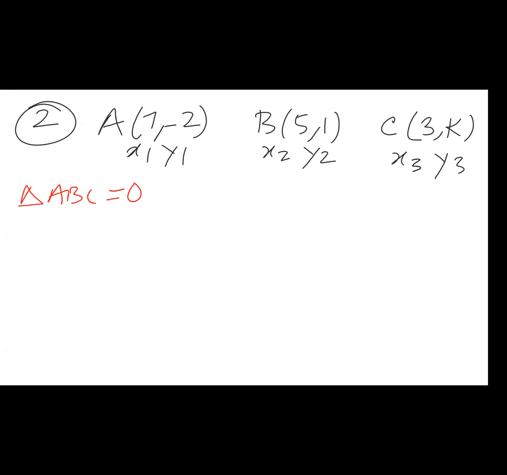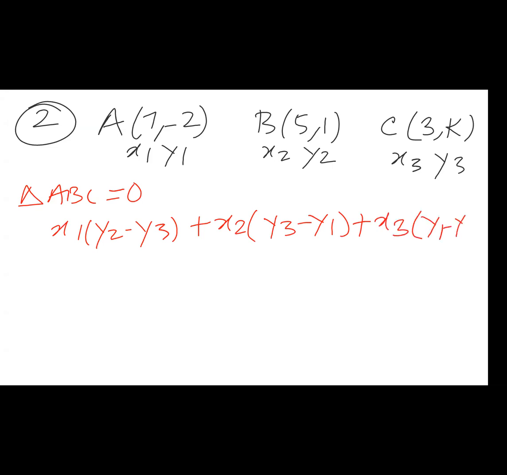So this will become x1 (y2 minus y3) plus x2 (y3 minus y1) plus x3 (y1 minus y2) equal to 0.